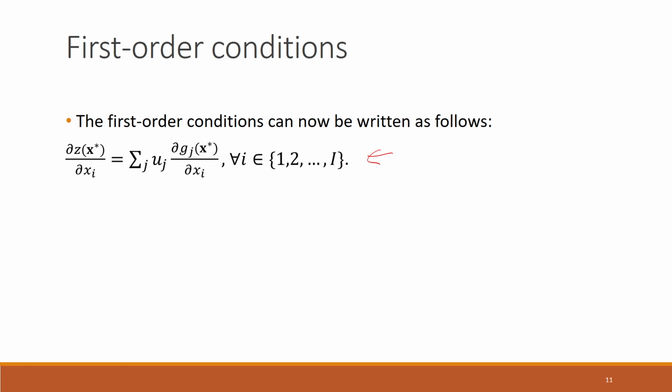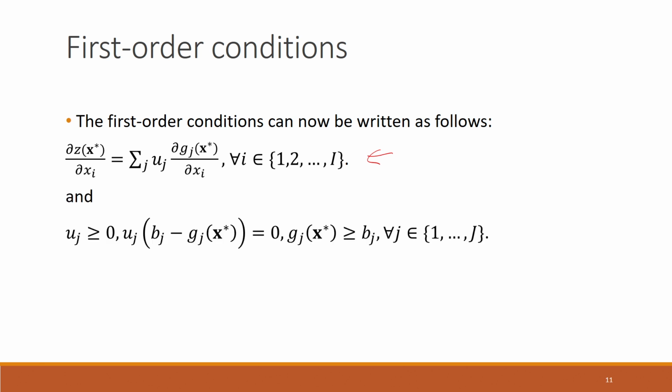Now we have tried to see it graphically, and we are able to appreciate this fact in a different way. And then we have these conditions. The uj have to be non-negative. Then this condition ensures that if a constraint is non-binding, that is, bj minus gj(x star) is not equal to 0, then uj will be forced to be 0. And the optimal solution x star should satisfy the constraints that we have.